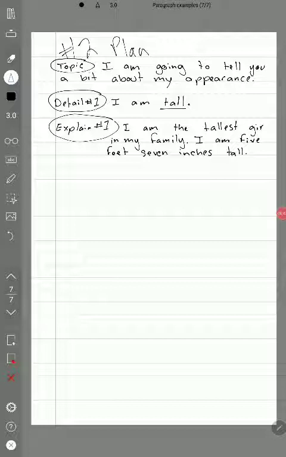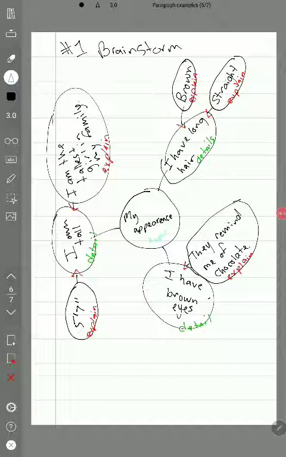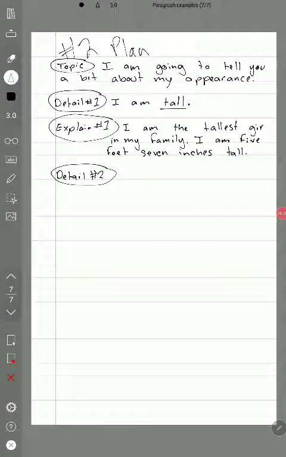Then I'm going to go back, and after my first detail, my first explain, I'm going to do my second detail. I'm going to say my second detail, long hair or brown eyes. I guess I'll go with eyes. Both of them are about the same for me, about equally important. So I'm going to say detail 2.